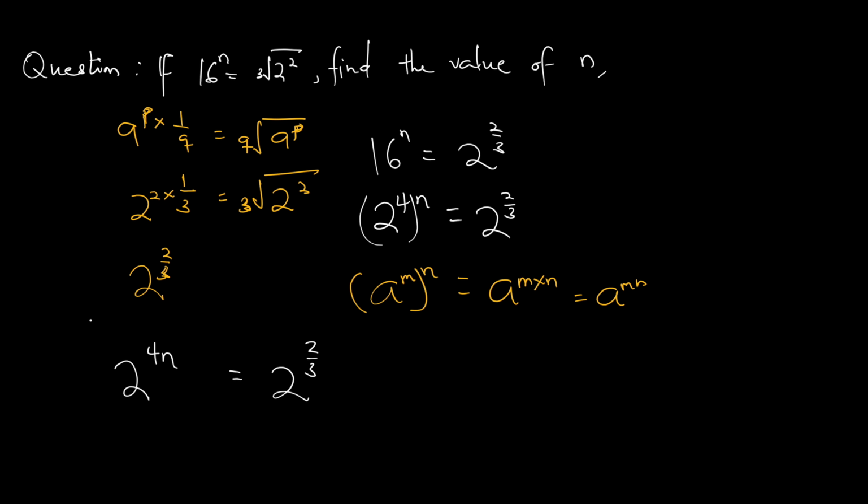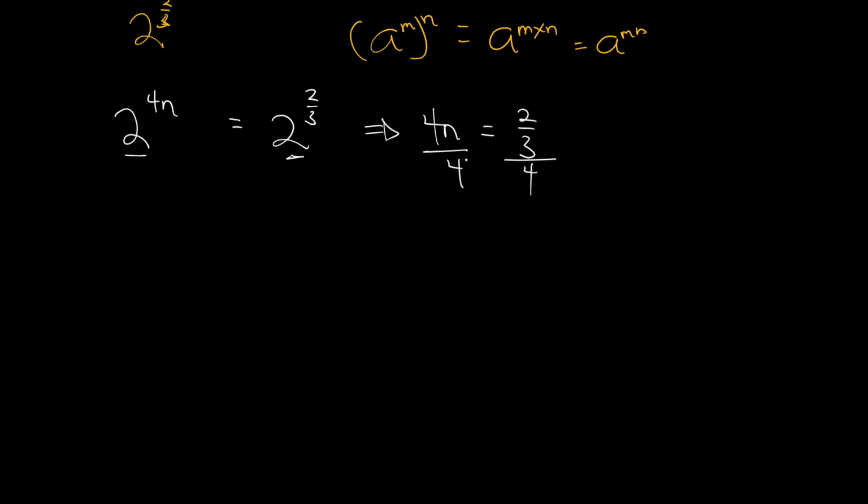And from our last rule, if the bases are the same, we can equate the exponents. So we can say that 4n is equal to 2 over 3. Now to make n the subject, we divide both sides by 4. So 4 cancels 4, and you'll be left with n is equal to 2 over 3 all divided by 4.